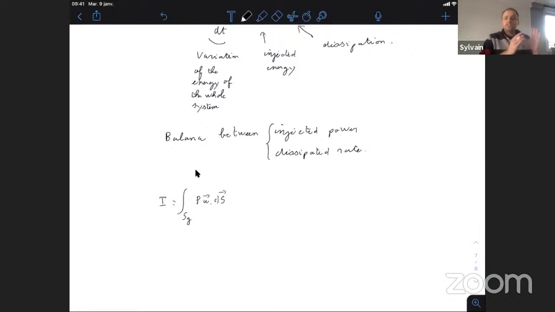So this is the energy that is injected over the wave maker, and the dissipation, you have a minus sign here, is due to the viscosity in the volume. The gradient of velocity squared. So we have the dissipation is due to the gradient of velocity and the viscosity, which is the dissipation. This is the injected power.